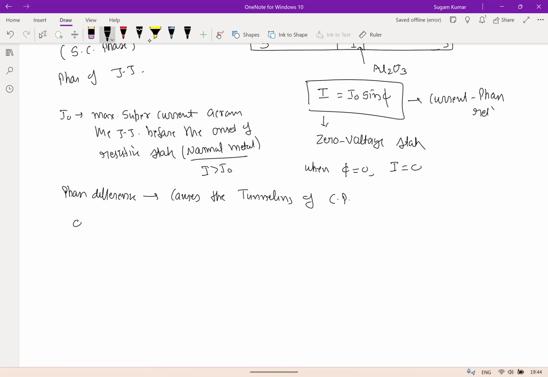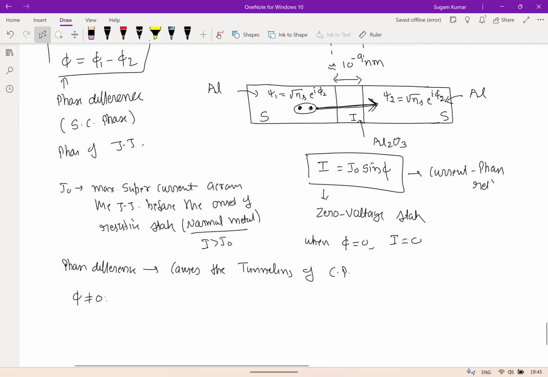See, when phi is non-zero, it means the phases of the two wave functions are different.